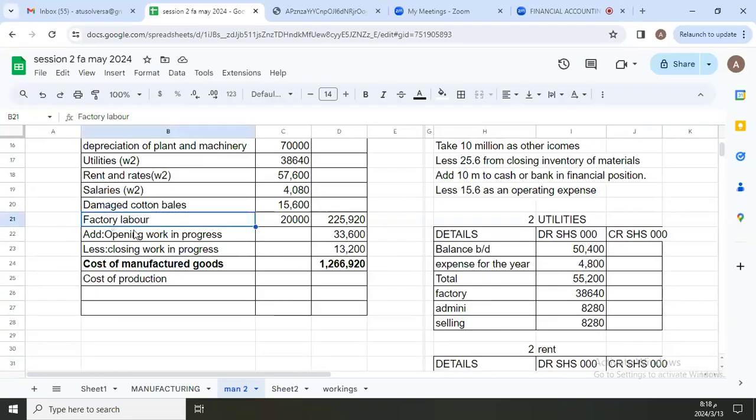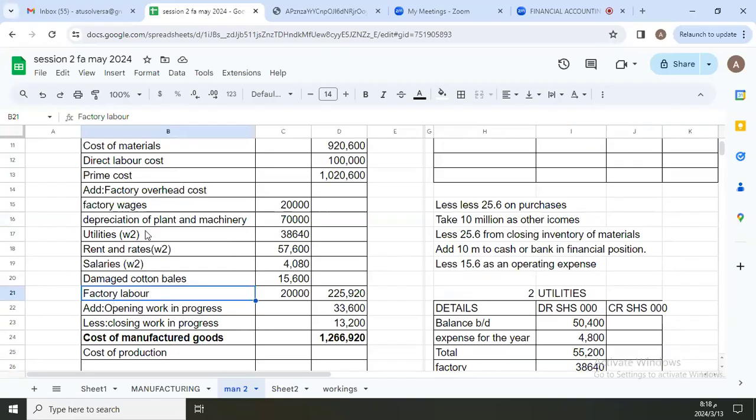You check under factory overheads. So it means we had written it two times, which is wrong because we had already taken it up. So one shouldn't be there. Sorry about that. Don't you see we have 20,000 twice? There are two, so we need to remove one. Okay, thank you.